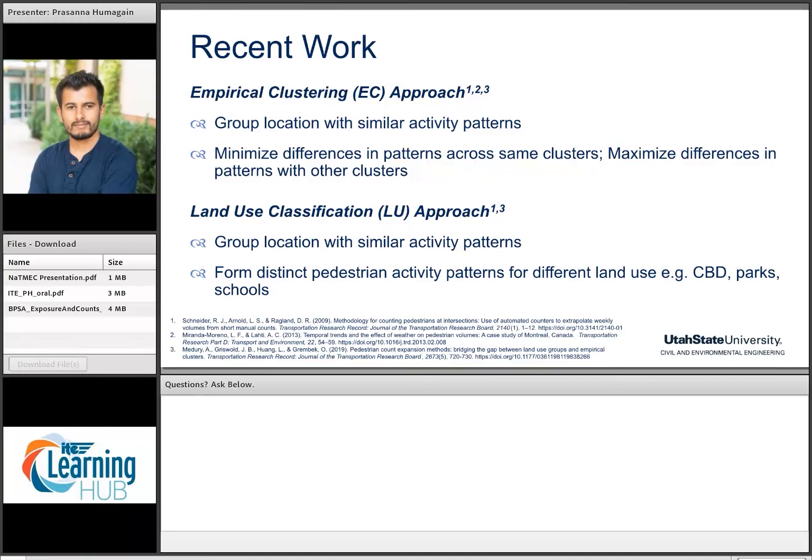The second approach is the land use classification approach, where locations with similar activity patterns corresponding to their distinct land use characteristics are grouped together. For example, let's say an urban area or a downtown or an intersection near a park, so distinct activity patterns and grouping them together is done under this approach.